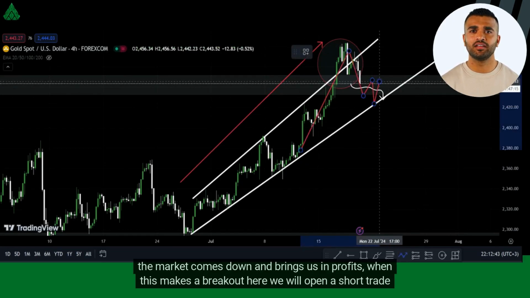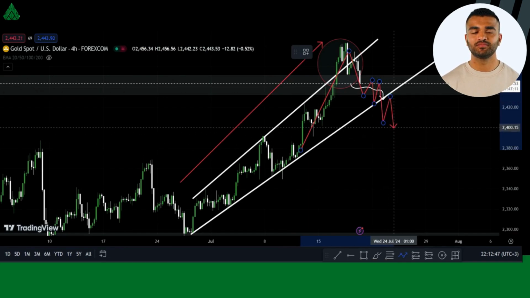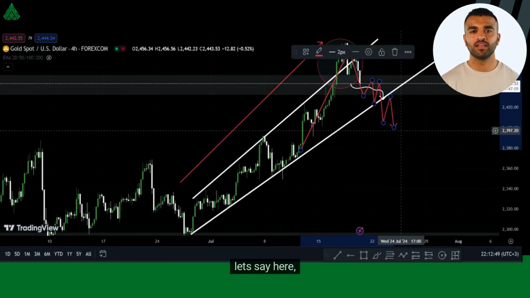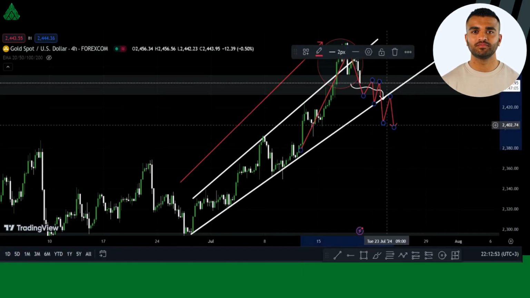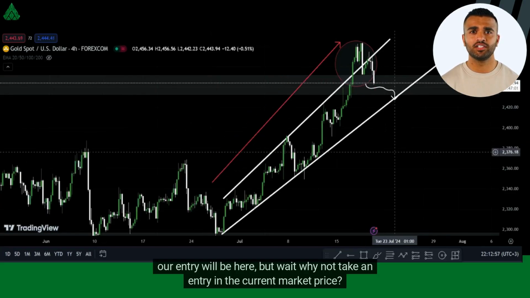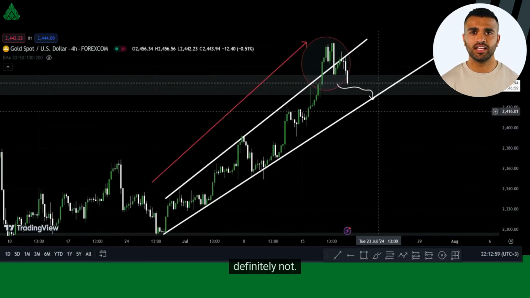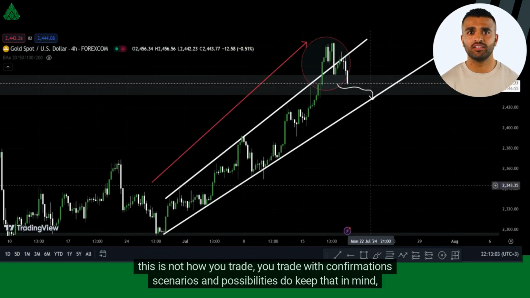When this makes a breakout here, we will open a short trade. Let's say here. Our entry will be here, but wait, why not take an entry at the current market price? Definitely not. This is not how you trade. You trade with confirmation, scenarios and possibilities.